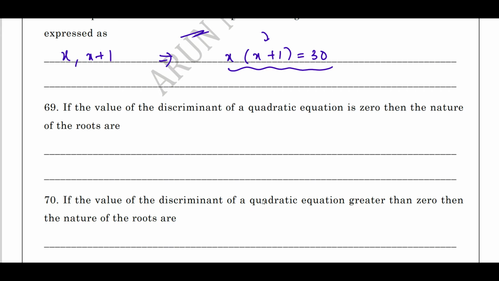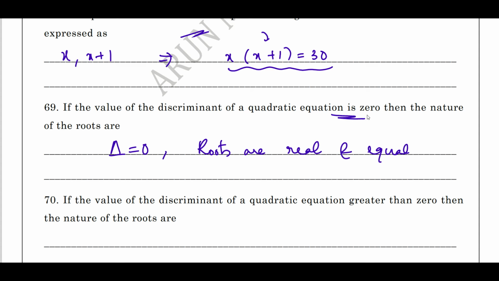If the value of the discriminant of the quadratic equation is 0, then the nature of roots: if delta equals 0, that means the roots are real and equal.